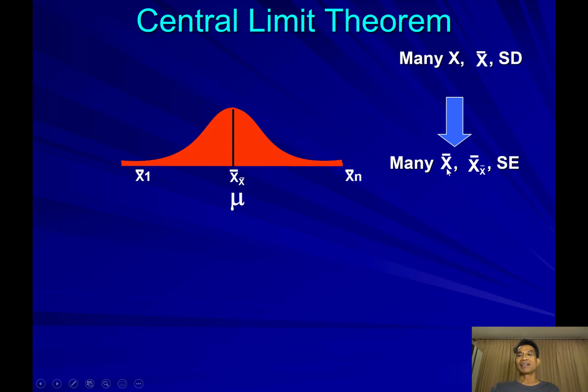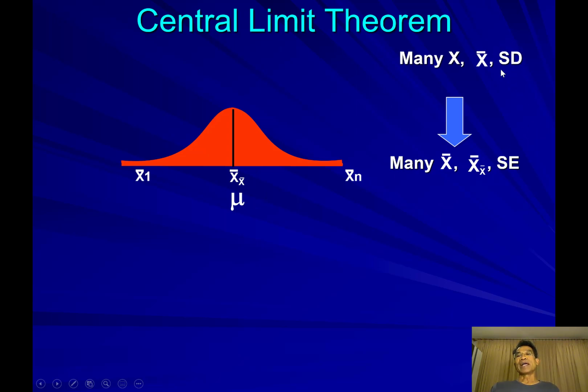And in the middle, the X bar of the X bar will be close to the parameter mean, or mu, in the population, as if we surveyed every individual of the population.